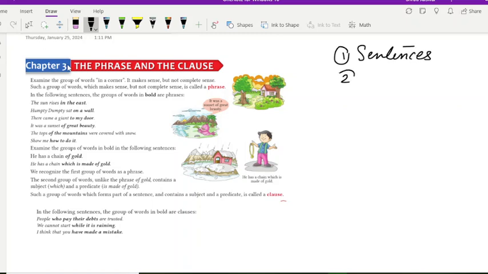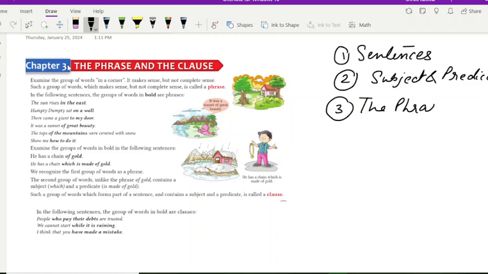The second chapter was related to subject and predicate, right? And the third chapter which we are going to learn today is about the phrase and clause.